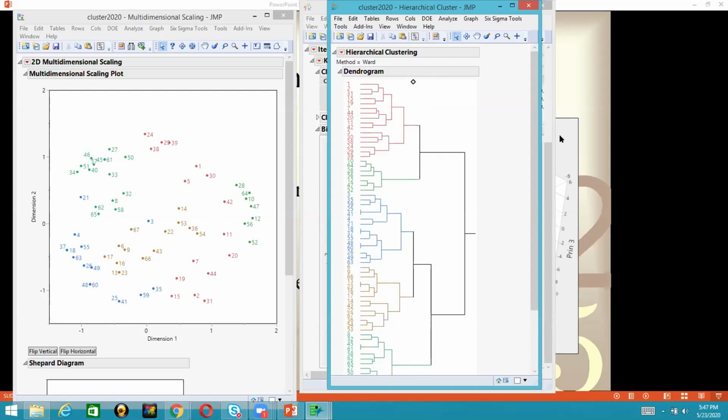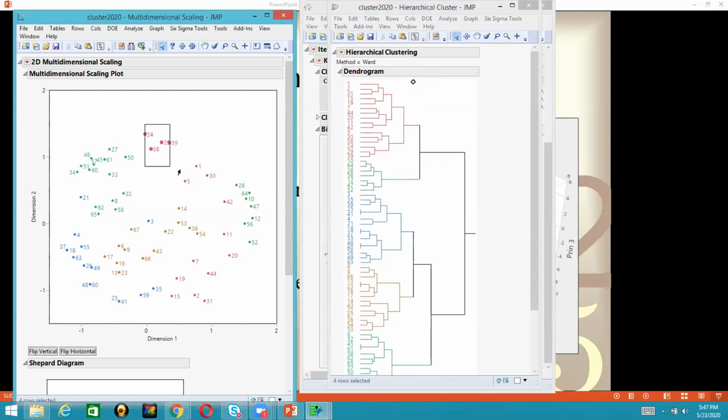I can also select an item, a term, and reassign its color, saying they don't belong there, and reassign based on the grouping pattern.